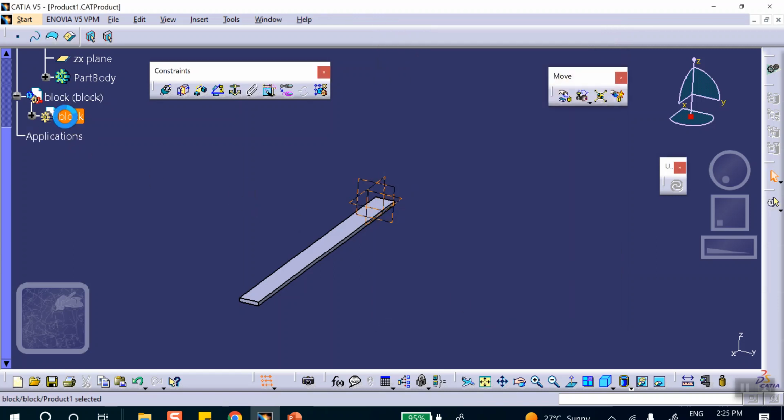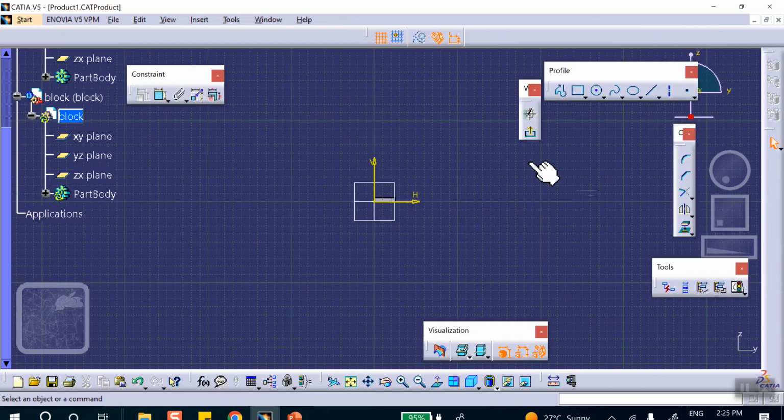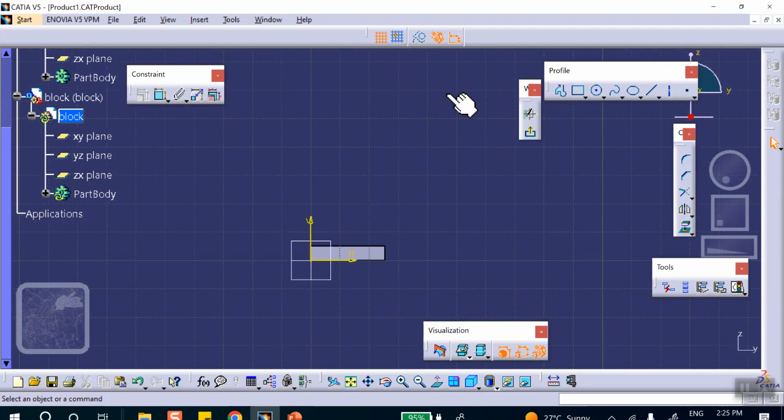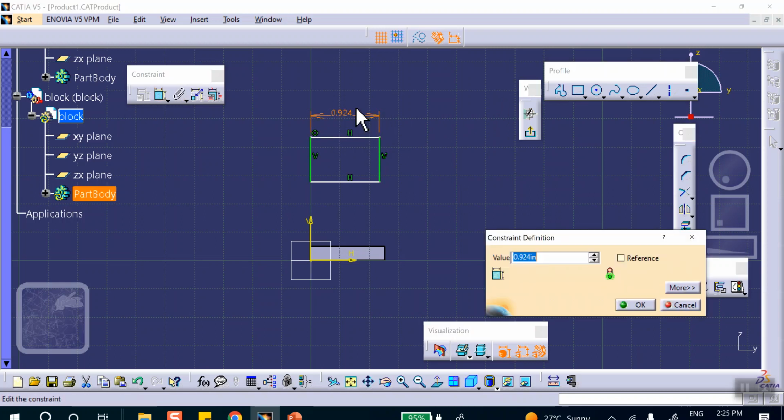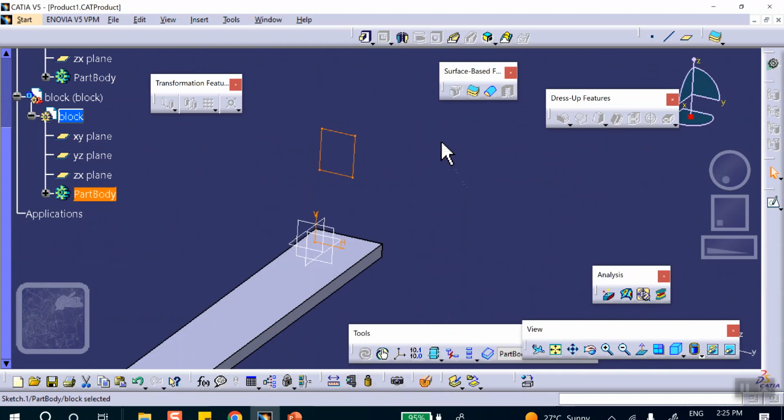Okay, let's make it. So on that same vertical plane, I will sketch a rectangle that is 1 by 1. So let me make this 1 inch like that. Actually, you know what? I'm going to make this 0.5, just to put some section, and pad it by 1 inch.